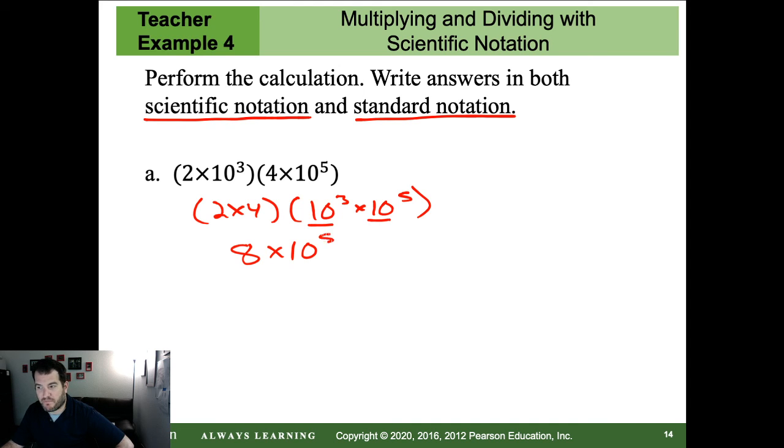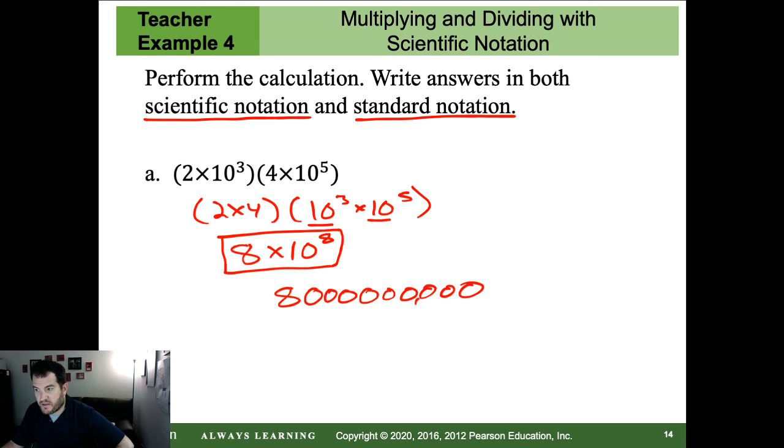We add them. So this is my scientific notation. And an 8 with 8 zeros is going to be, I did 9, sorry. 8 zeros is going to be my, that's a terrible number. Sorry, it should be 800 million. I'm sorry. That's a comma.